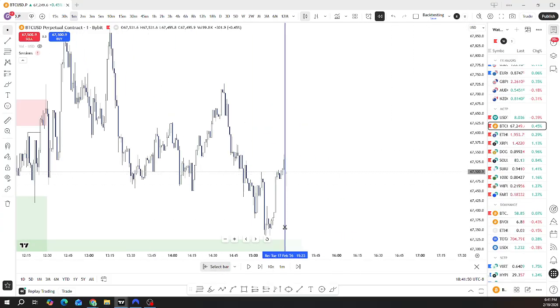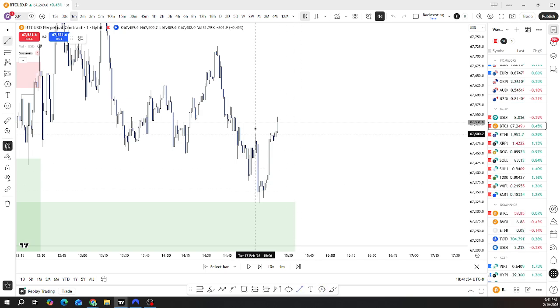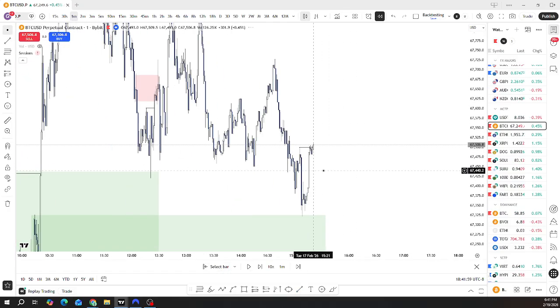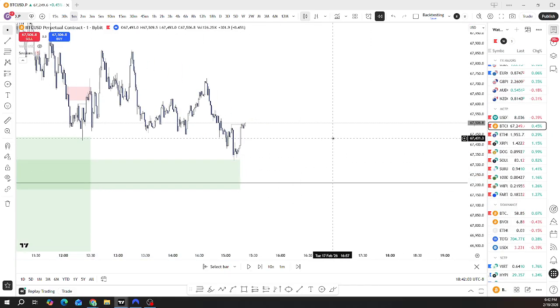Price popped up after mitigating the refined POI, closing above there, and then I re-entered the trade.